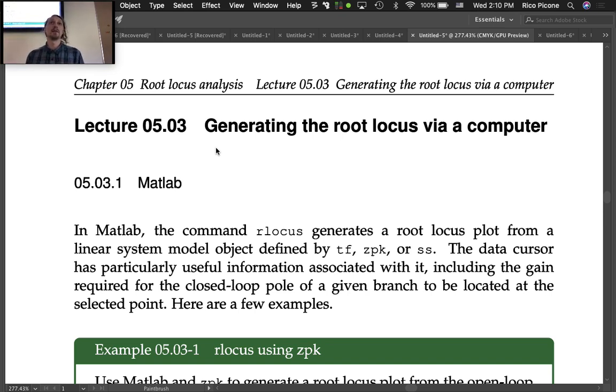Remember, the root locus is a plot of all of the locations of a closed loop system given all possible gain values. So this is very important for doing our controller design, and generating the root locus via a computer allows us to be more precise about it. So we can get an intuition through sketching, and we can get a precise root locus using a computer like Matlab. That's what we're going to focus on.